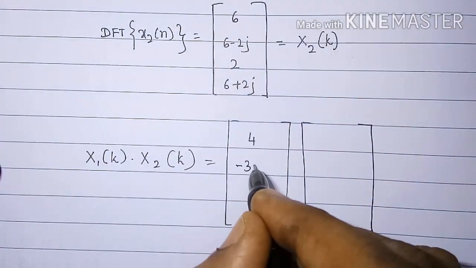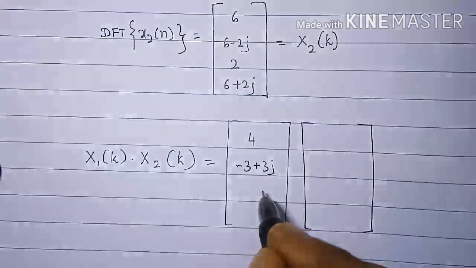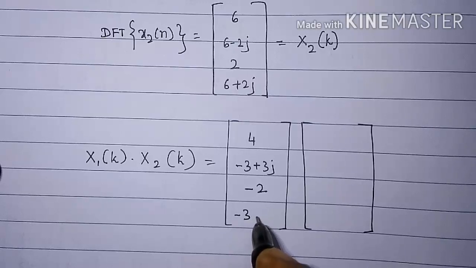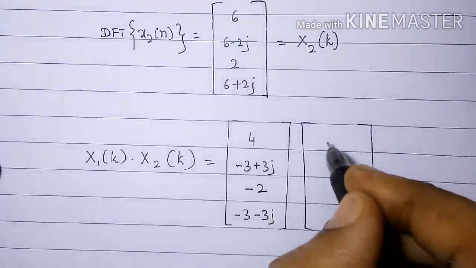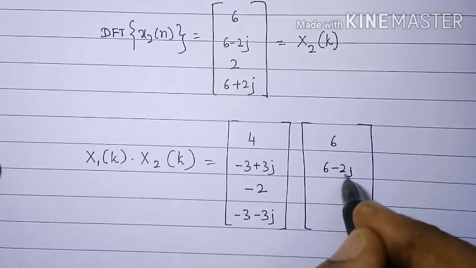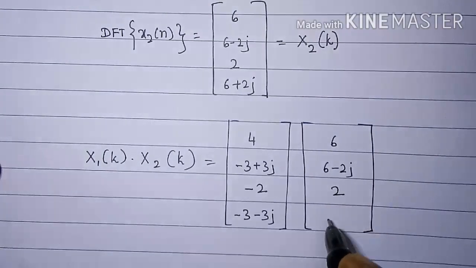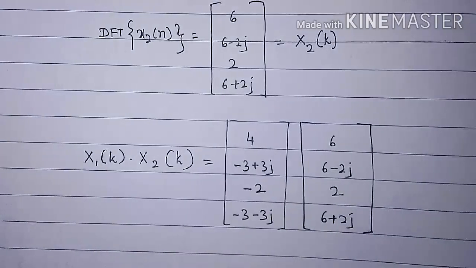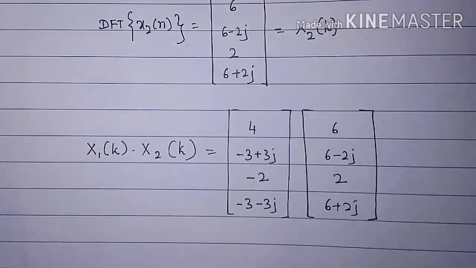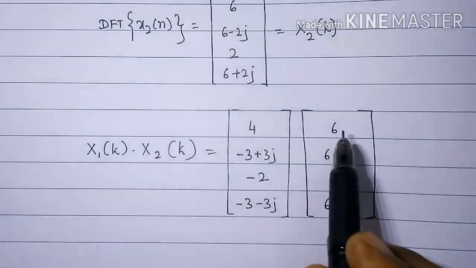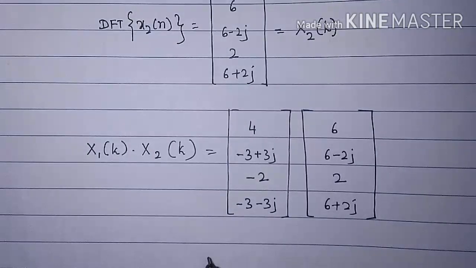because it is multiplication of complex numbers. 4, minus 3 plus 3j, minus 2, minus 3 minus 3j, times 6, minus 2j, 2, 6 plus 2j. Remember, it is not matrix multiplication, it is multiplication of corresponding samples.